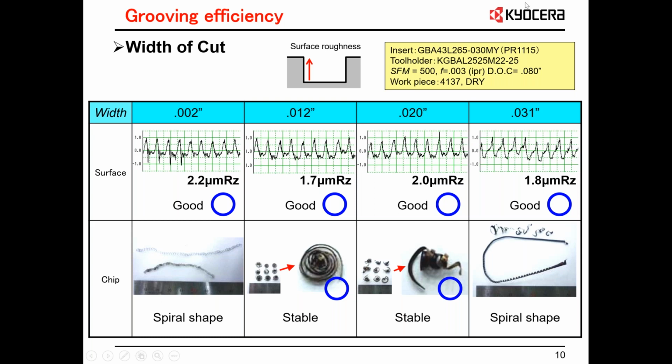But what's going on here is the interesting thing about this. Keep in mind, this is a 12 thousandths wide radius, right? So we're at the radius width with that MY chip breaker. So it's basically hitting the width of the radius, where here we're just rubbing against the outside of the radius.